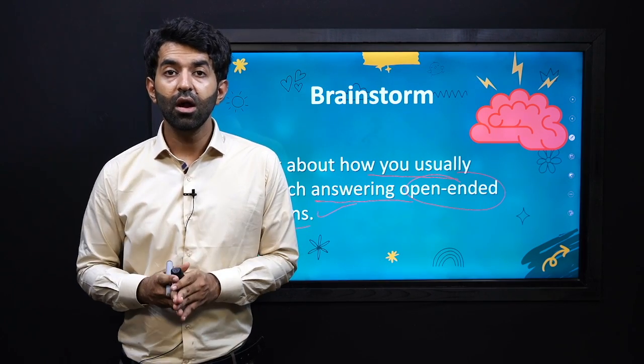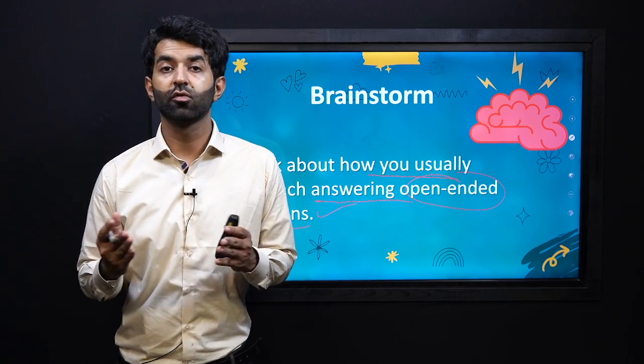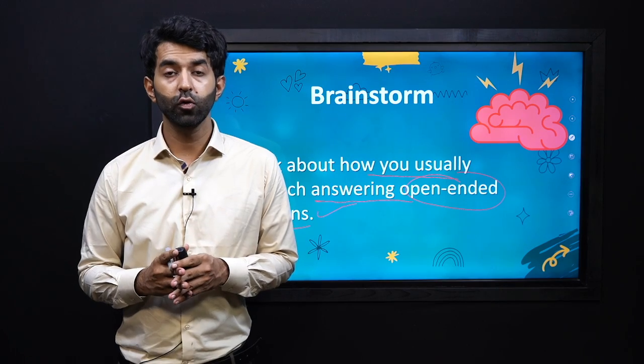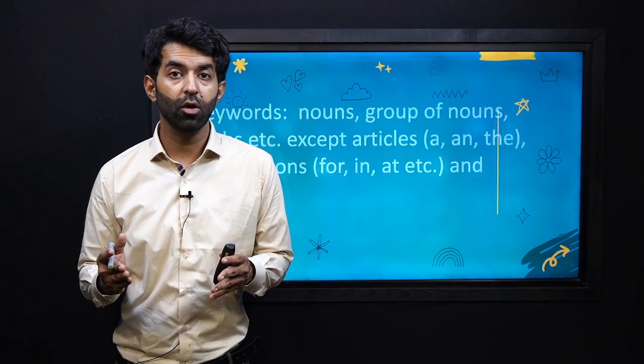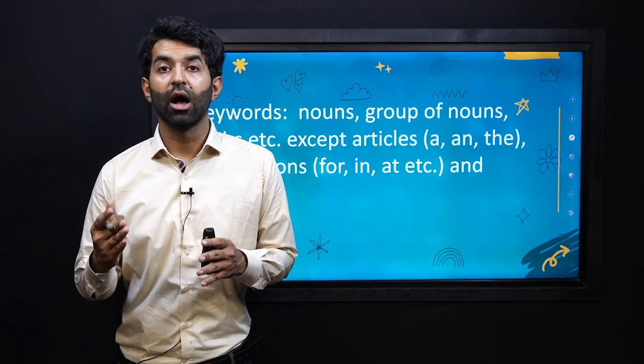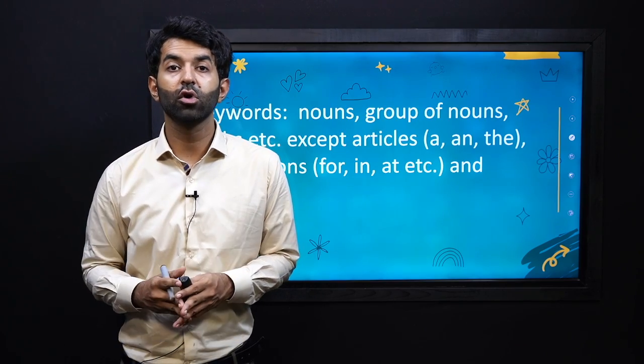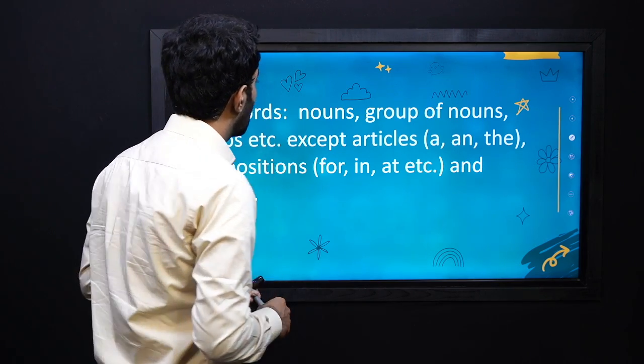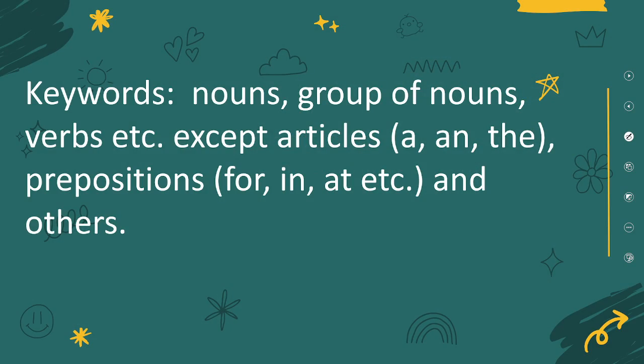So there are actually two different kinds of questions. We have open-ended questions and closed-ended questions. We are going to see how we can answer them, and especially our focus will be on open-ended questions.